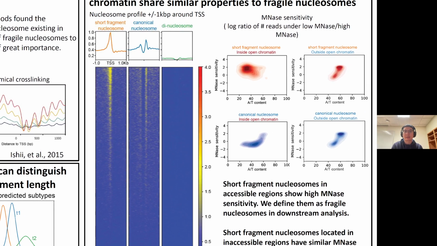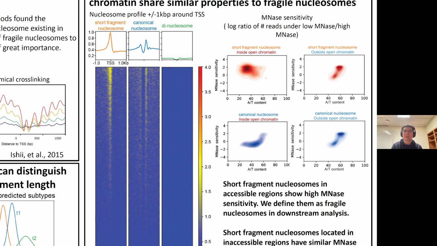Short fragment nucleosome inside open chromatin generally has very high MNase sensitivity compared to canonical nucleosome, which is exactly the same as fragile nucleosome. So we call this subtype fragile nucleosome in downstream analysis. While short fragment nucleosome outside open chromatin shares exactly the same MNase sensitivity pattern as canonical nucleosome, they still protect shorter DNA fragments, so we call them non-canonical nucleosome in downstream analysis.